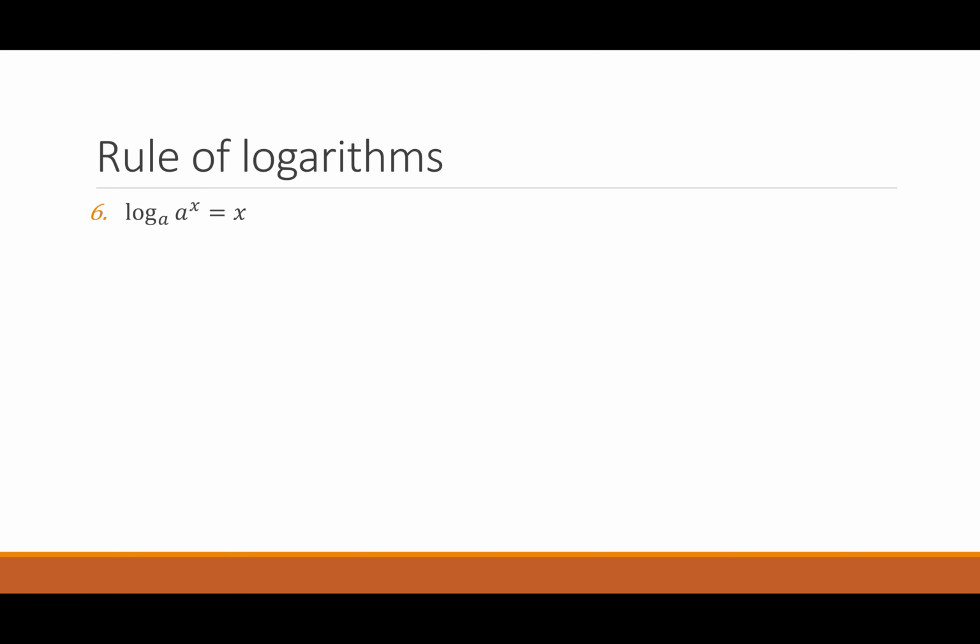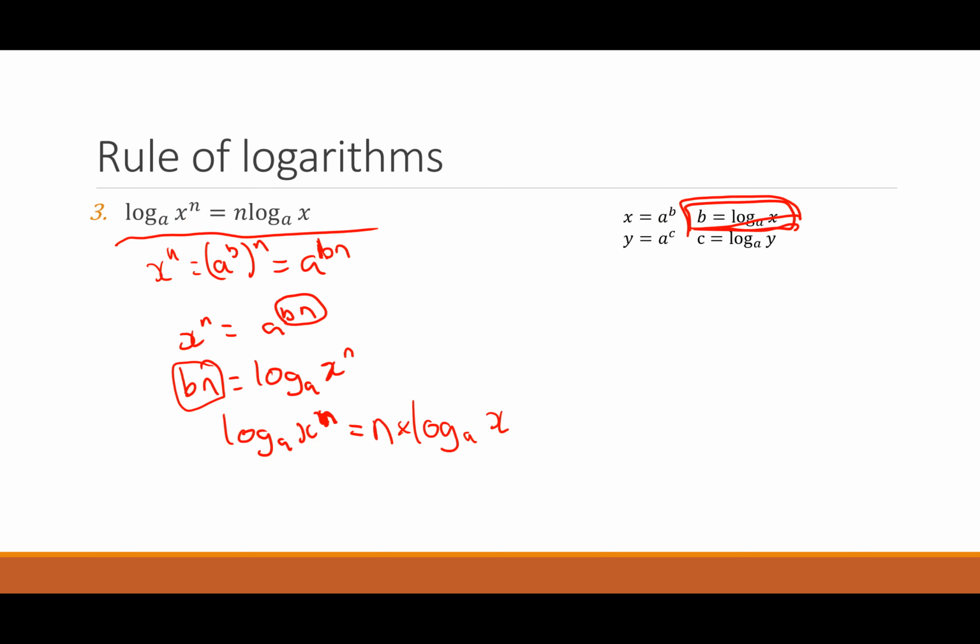And then let's have a look at log with the base a of a to the x equals x. Well, again, in order to prove this, let's look at our rule 3. Remember that log with the base a of x to the power of n equals n times the log of this bit.